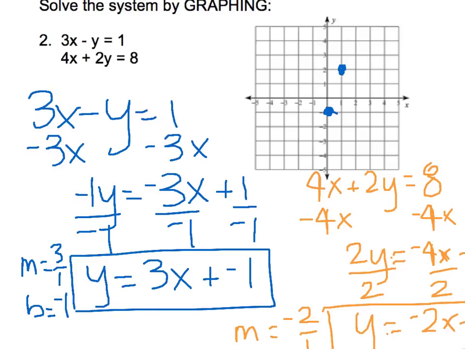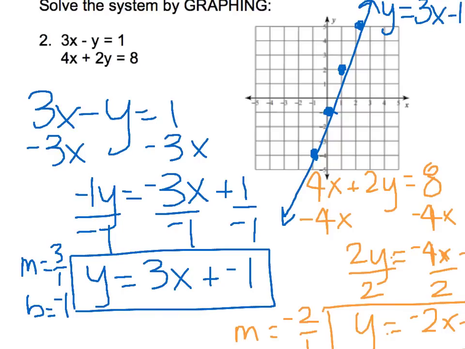Up 3 and right 1. I can also go down 3 and left 1. Okay, this is where you're going to grab a ruler and use a straight edge to draw in your line. You can see that's not very good there. Then you're going to label your line, y equals 3x minus 1.